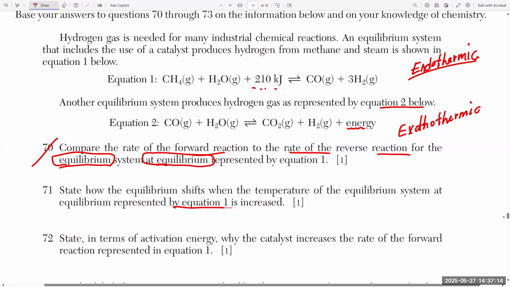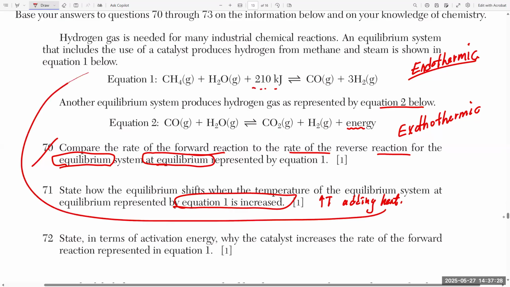Number 71, state how the equilibrium shifts when the temperature of the equilibrium system represented by equation 1 is increased. So if you increase temperature, what are you doing? You're adding heat, right? So let's go to equation number 1. Equation number 1 is an endothermic reaction, which means you're adding more heat, or you're adding reactants. If you add more ingredients, then what's going to happen?